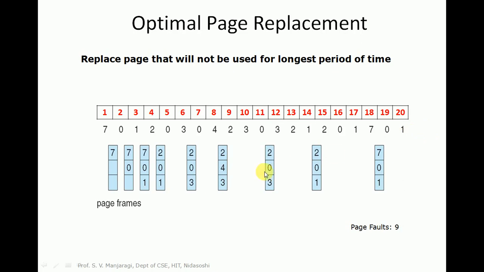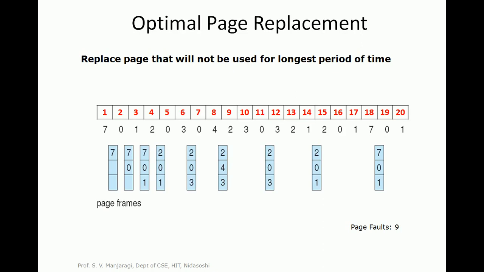Now let us count how many page faults have occurred here. So this is 1 for 7. This is for 0, 2, 1, 3. This is 4, 5, 6, 7, 8, 9. Total page faults have occurred here: 9. So as compared to before, there is an improvement in the page faults.